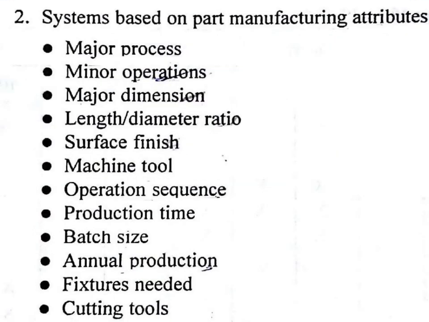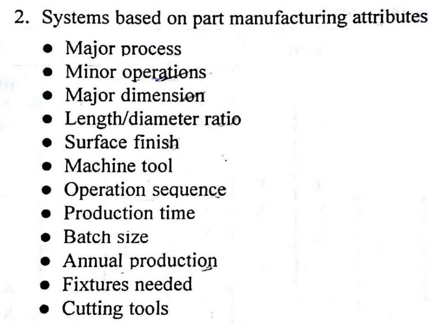Second is manufacturing attributes. It's related to manufacturing, you can understand by the name. What are the examples? Major process, minor operation, major dimension, L by D ratio, because this is also used in manufacturing. Some are the same. You may be thinking that it already came in the design part, so why is it coming again?